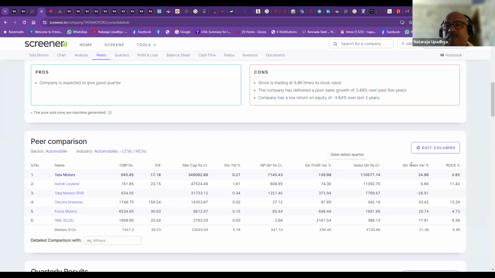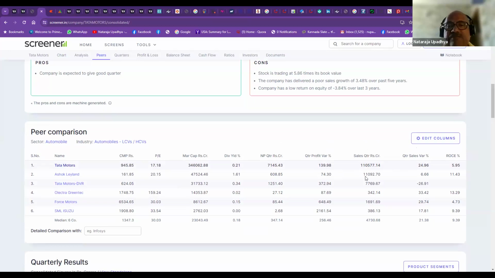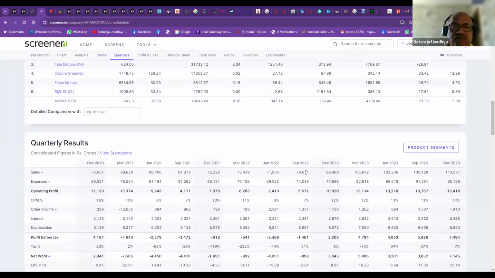That means there is so much profit improvement possibility just by improving the sales. That's why people are giving a very high valuation for this stock. Okay, so that kind of comparison you can do.